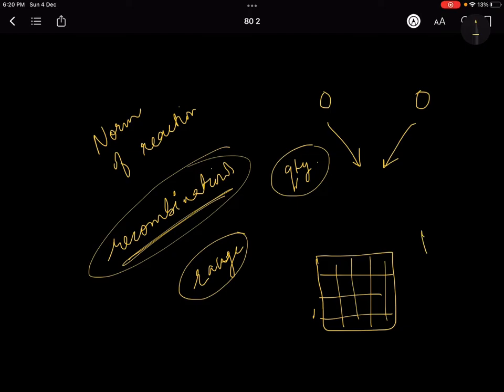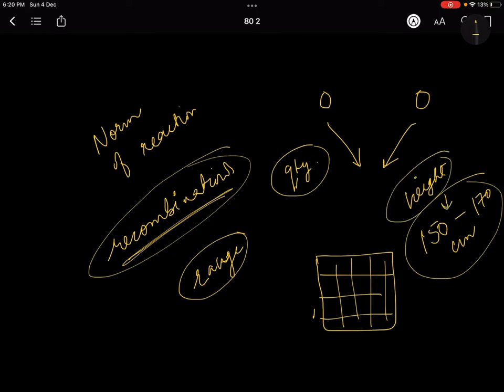For example, a usual range is considered to be 150 to 170 centimeters of height. Within this, what is your height actually? That becomes the norm of reaction. If we take the case of height, this is the norm of reaction, and this is just an example. Say your height is 164 centimeters. There were so many combinations, but your actual height is 164 centimeters.